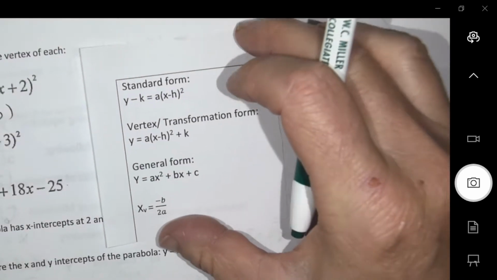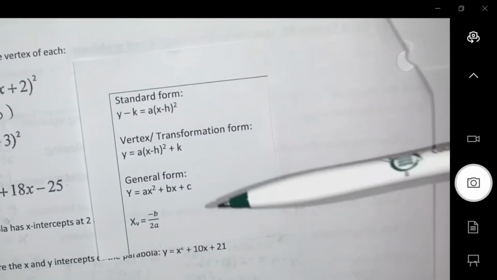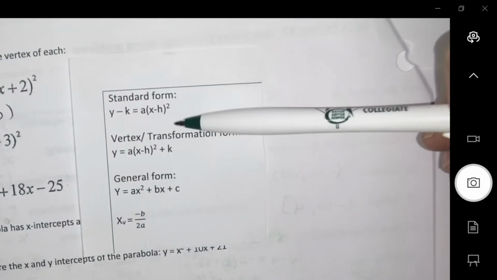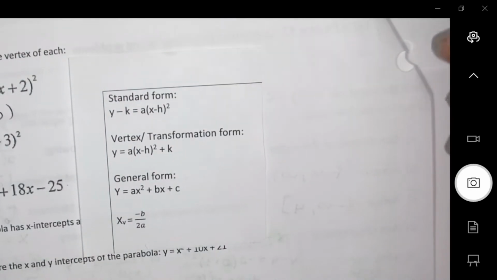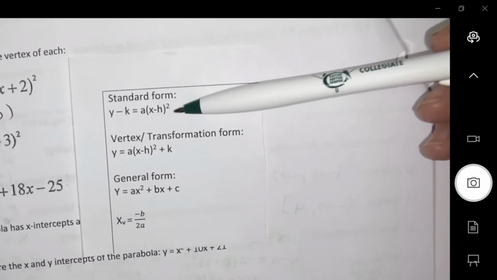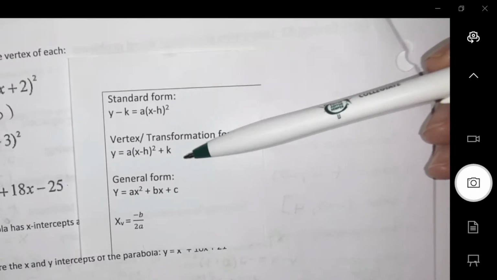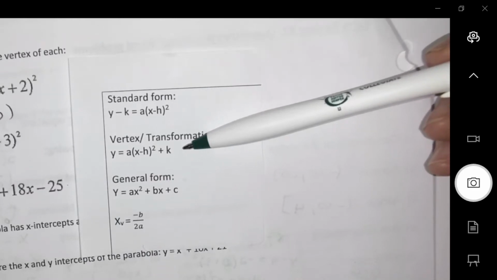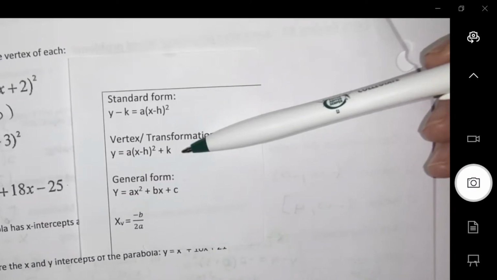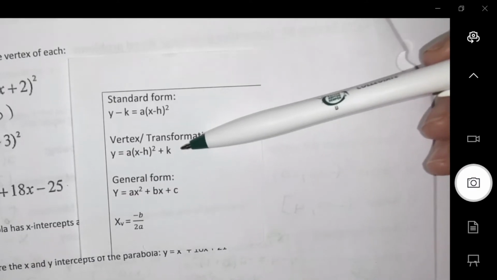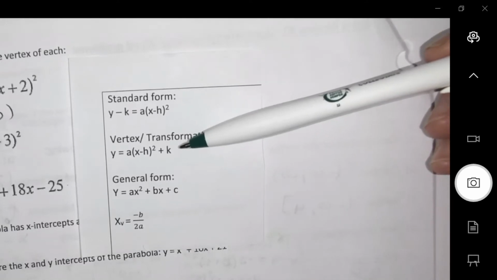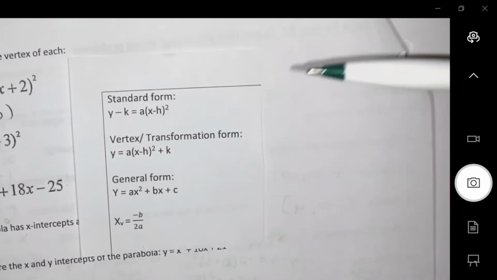Okay, number 2, what does it look like? Standard form or this form, it doesn't matter. It kind of looks like both of them. What's going on though? There's no K number. There's no free floating number, right? So there's a 0 in that position.